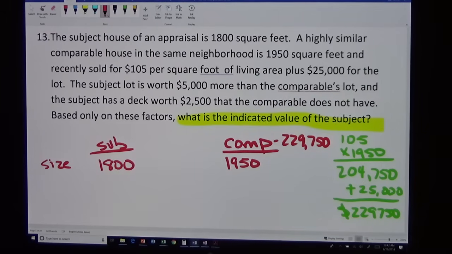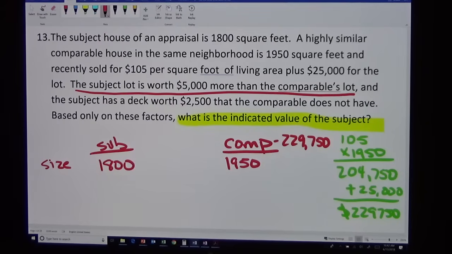Now it tells us that the subject lot is worth $5,000 more than the comparable's lot. Again, we can't talk about these things in terms of the subject. We have to talk about them in terms of the comp. So if the subject is worth $5,000 more, then the comp is worth $5,000 less. Okay?